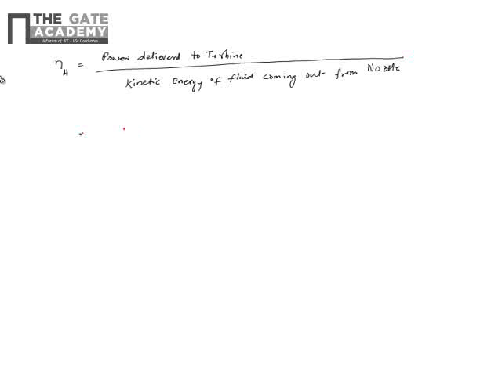The power delivered we have just derived as rho Q u times v minus u times 1 plus cos phi, and the kinetic energy is half m dot v square.